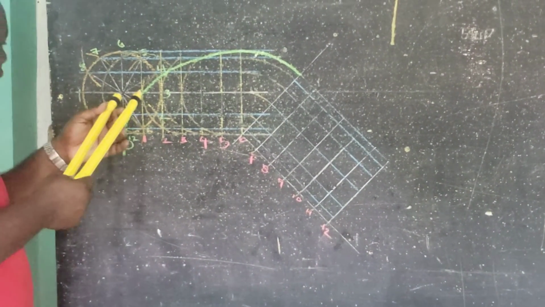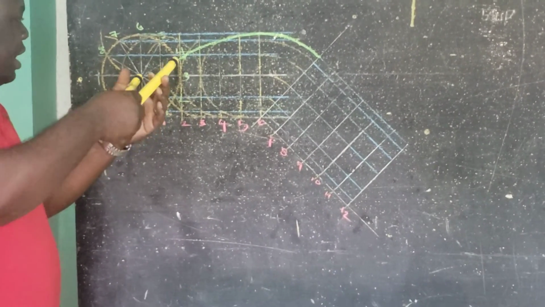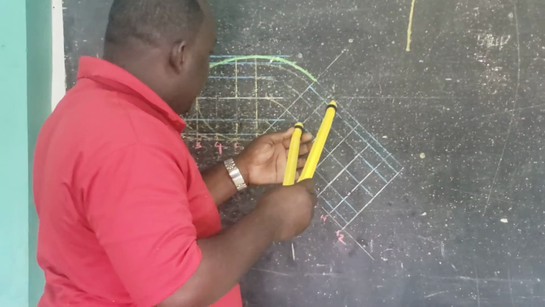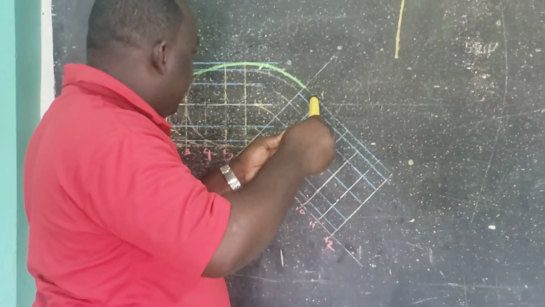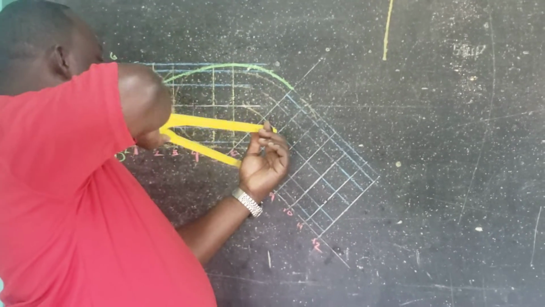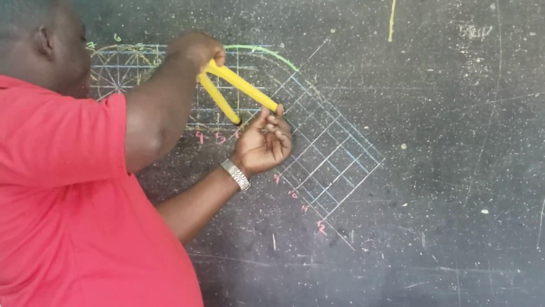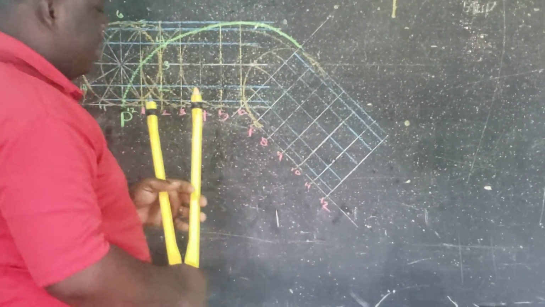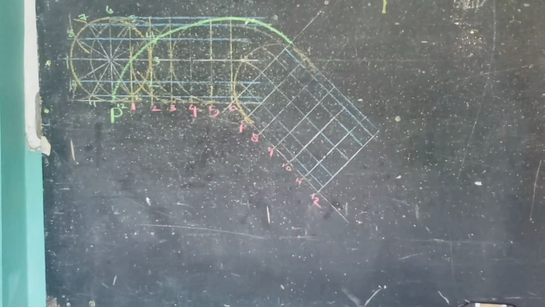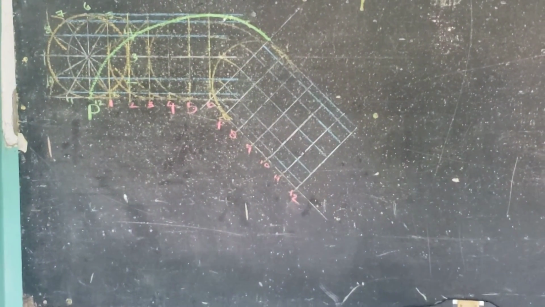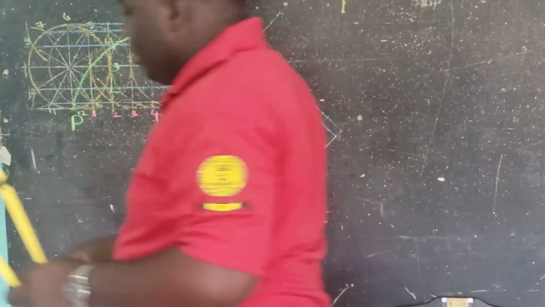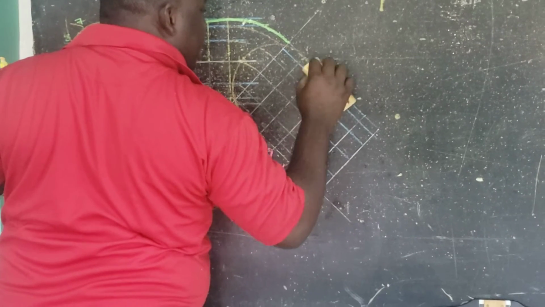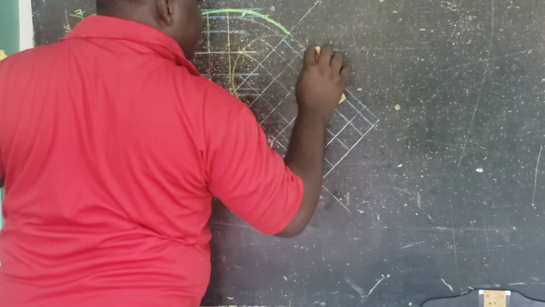Now if we get back to our drawing, and we actually get the radius of our circle. So this is actually the radius of our circle. And we come to our center right here. You notice that it actually coincides with what we have right there. Alright. So let me see if I can sharpen the chalk. And let us see if we can just get rid of some of these excess lines.